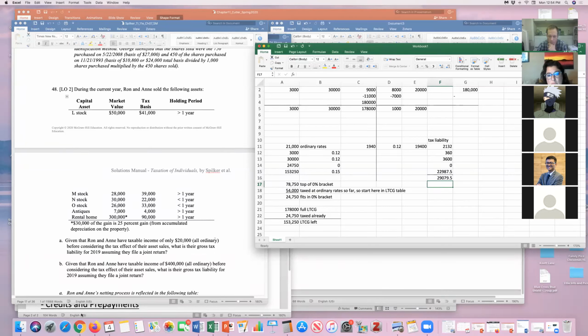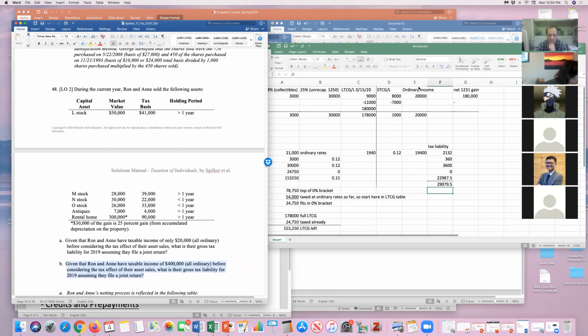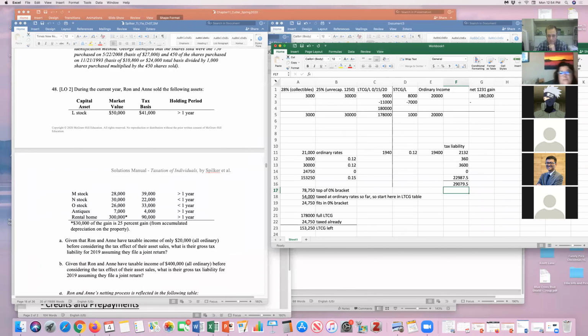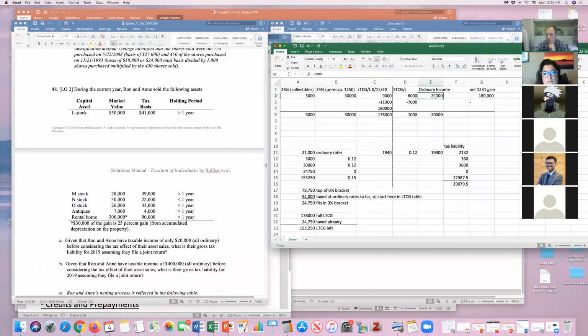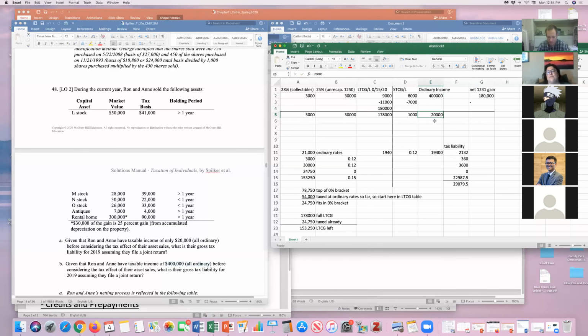So we can look at part B just to reinforce that. This is saying, what about the same facts as this, except instead of 20,000, they had 400,000 of ordinary taxable income on top of these other transactions.